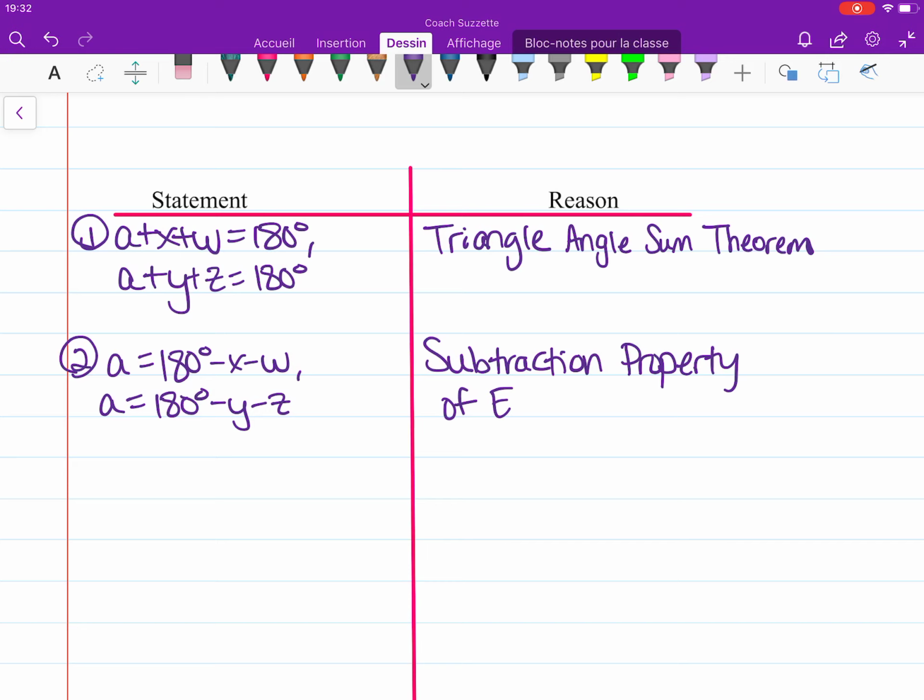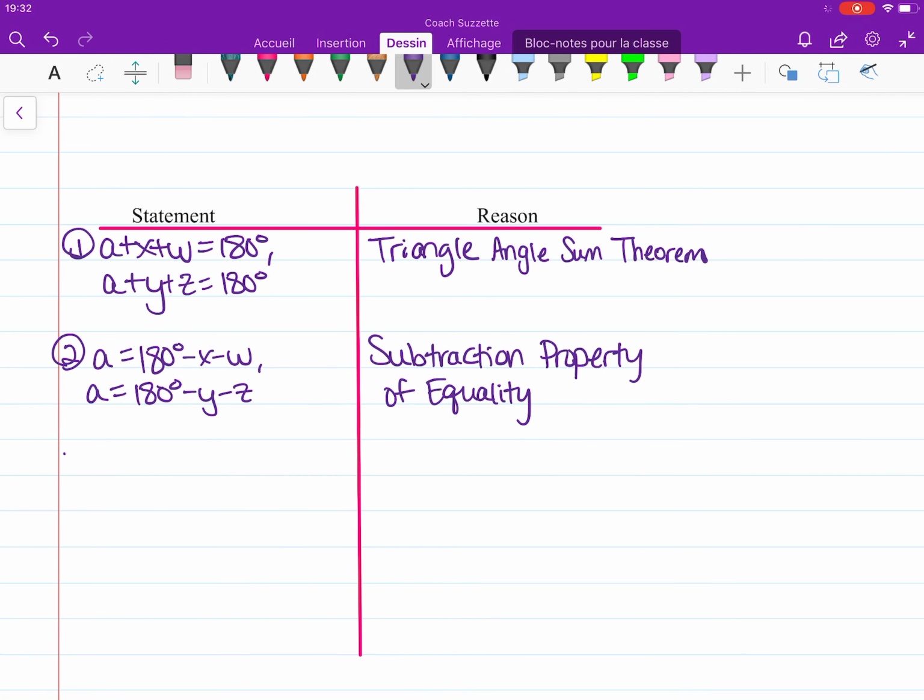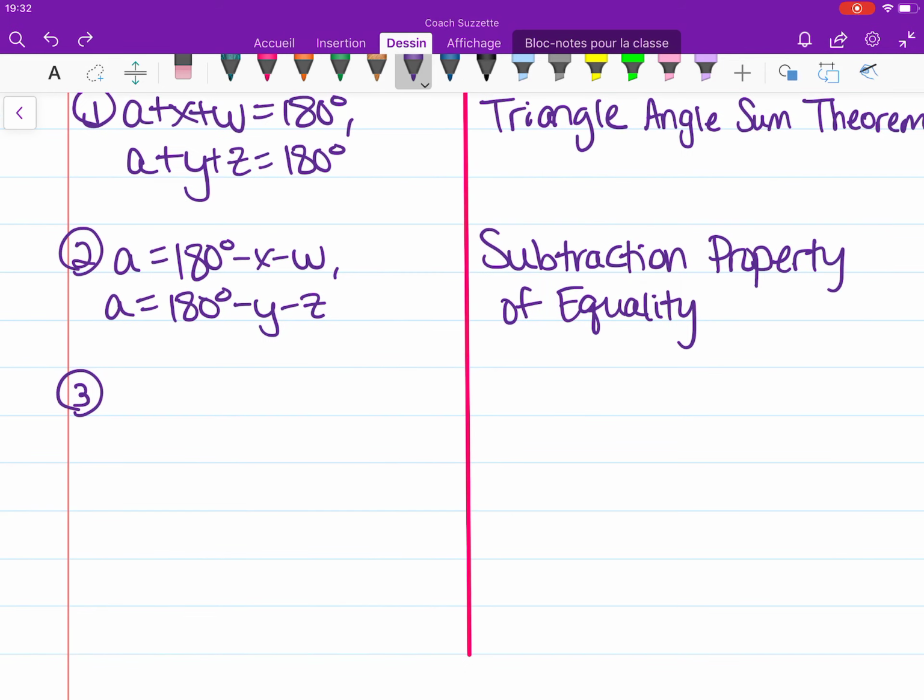Subtraction property of equality. And the next thing we said was by transitivity, then these must be equivalent. So we have 180 degrees minus x minus w is equal to 180 degrees minus y minus z, transitivity.